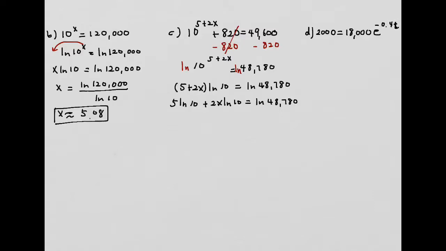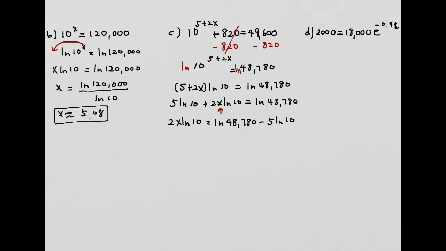And you want to move everything but your x. So your x is right there. I want to get rid of the addition first. So you have 2x ln 10 equals ln 48,780 minus 5 ln 10.